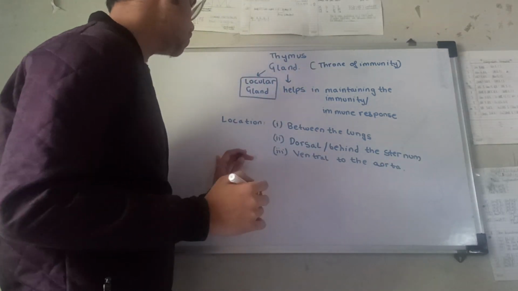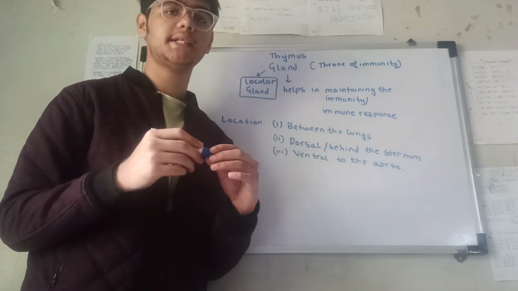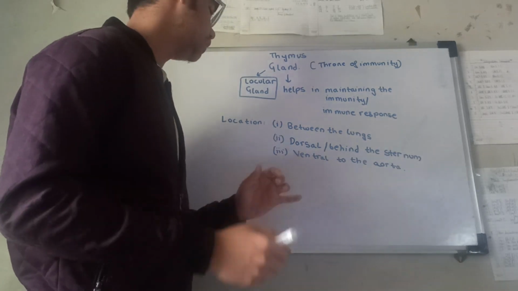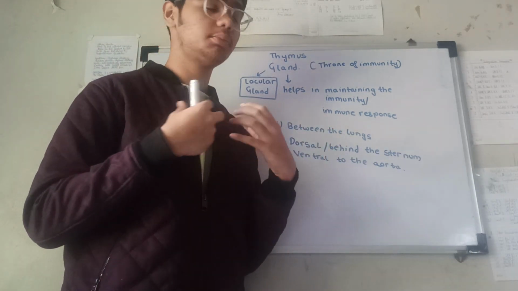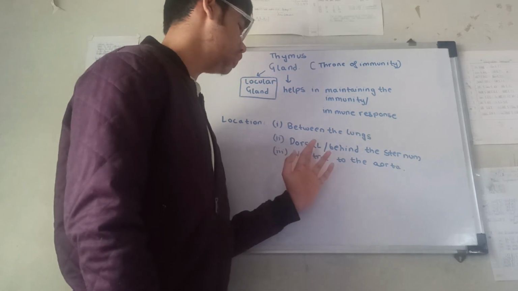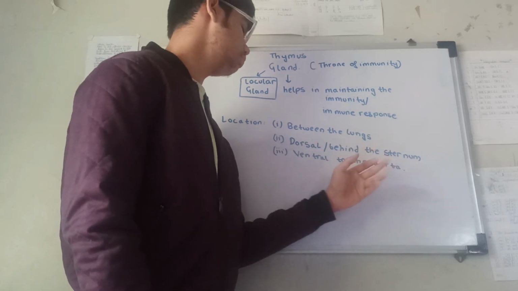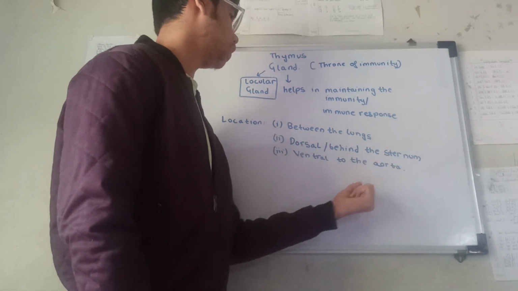So these locations of the thymus gland are very important. What are they? Between the lungs, dorsal or behind the sternum, and ventral to the aorta.